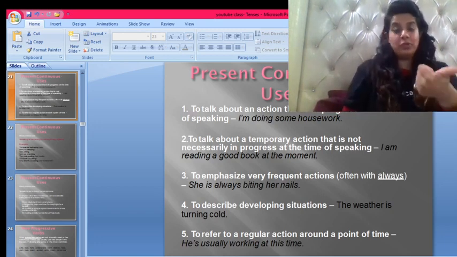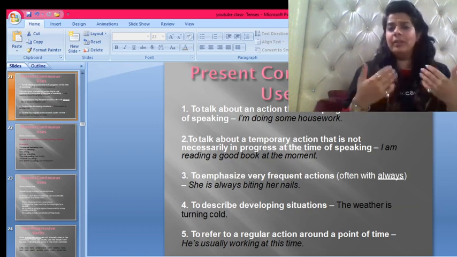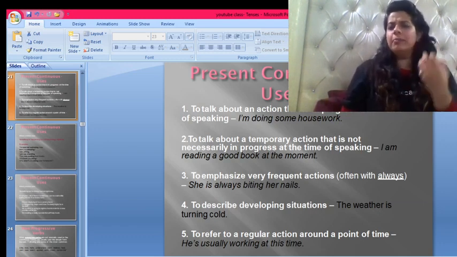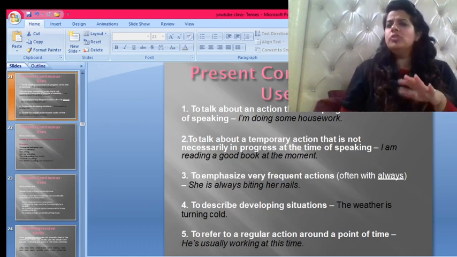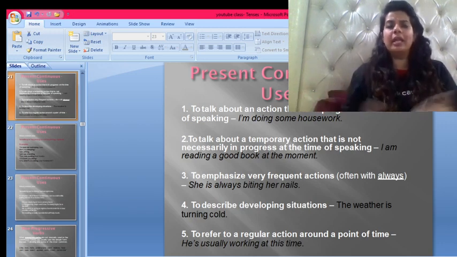Okay? Now, let's understand some basic uses of present continuous tense, that where to use them. Number one, which we just talked, something which is happening right now, an action which is in progress at the time of speaking. I am speaking right now, that action is in the process, right? Number two, I am talking about temporary action that is not necessarily in progress at the time of speaking, such as I am reading a good book at the moment.